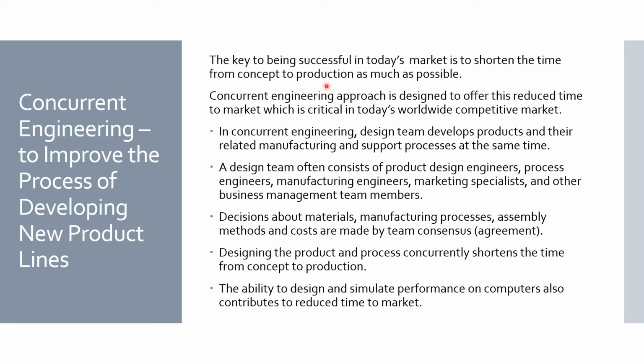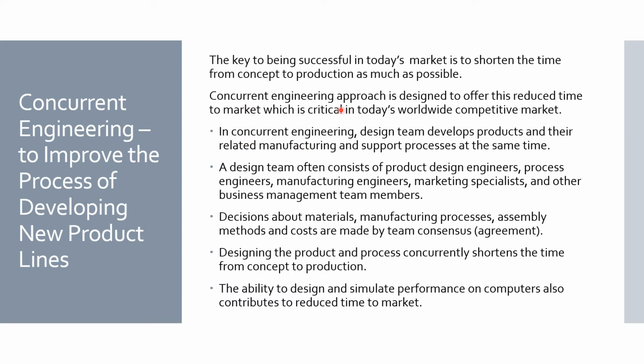So if you can come up with a product concept and you can produce that product in the shortest way, you're going to beat all of your competitors in the market. So time is a key factor for your product to be successful in today's competitive market.